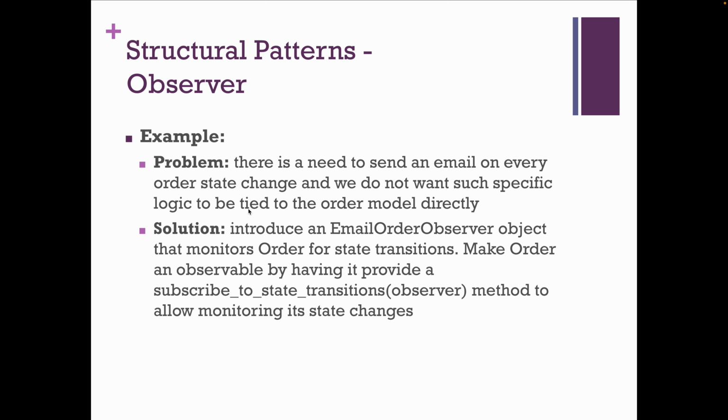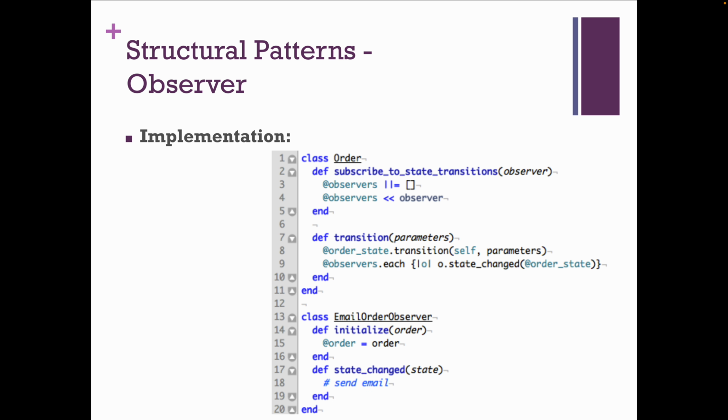With every change, you can have observers observing that state, subscribing to state transitions, and I can pass an observer to it. As soon as that happens, you can have an email order observer that would, as soon as the state changes, email the owner of the order that the state changed, and they'll know that, okay, your order is now ready to send. We're going to be shipping you your order, basically. So this is an example of using the observer pattern.